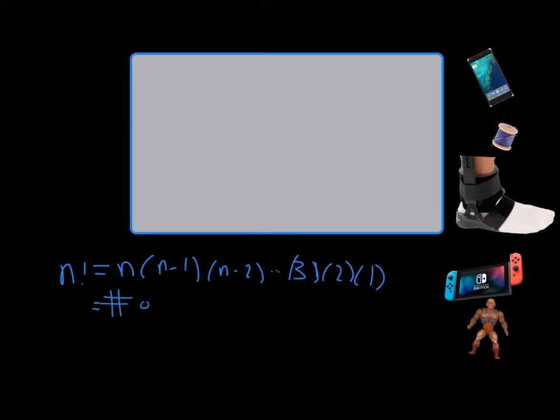So n factorial, which is equal to n times n minus 1 times n minus 2 down to 3 times 2 times 1. One way to think of this as the number of ways to choose n objects. So the question arises, what is 0 factorial going to be?